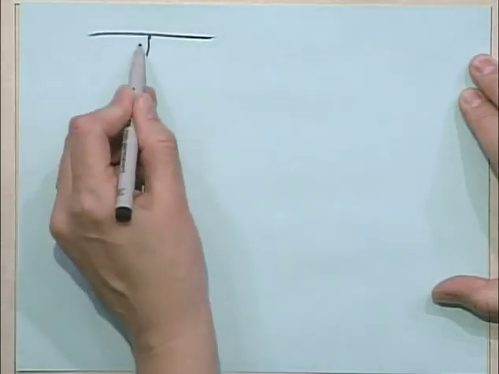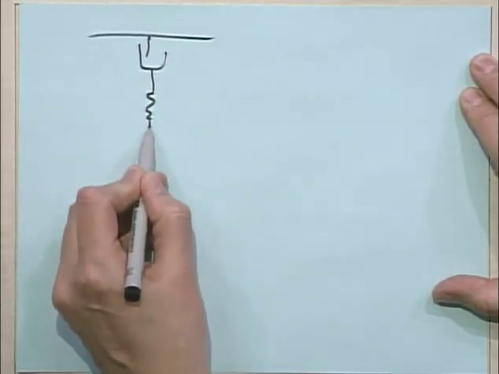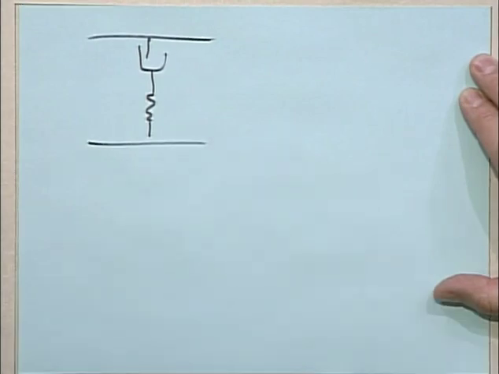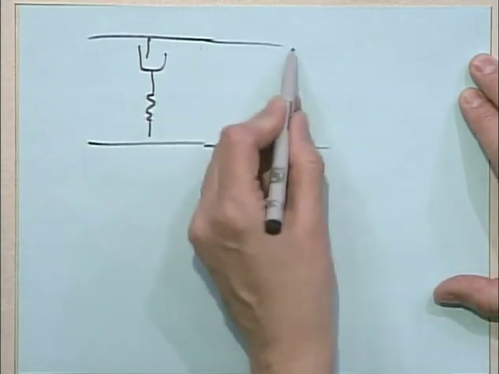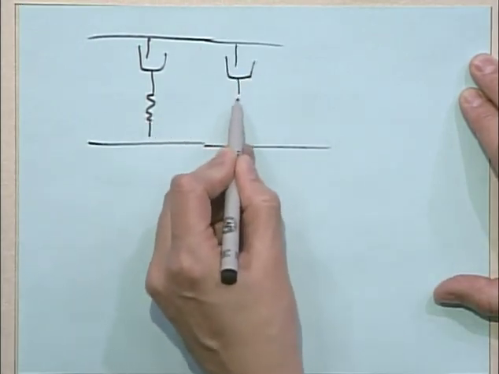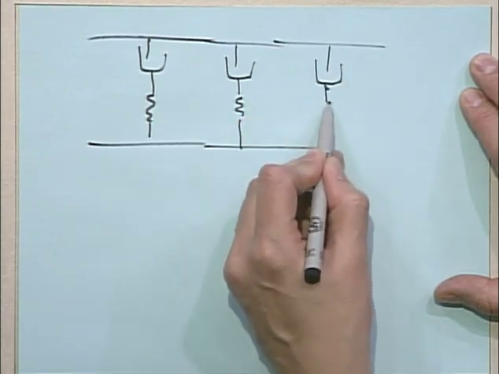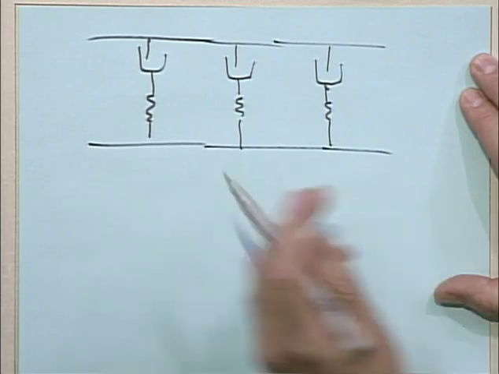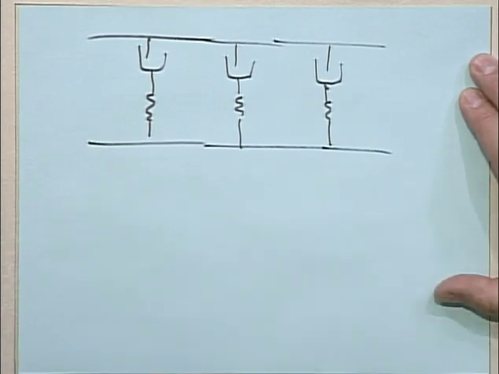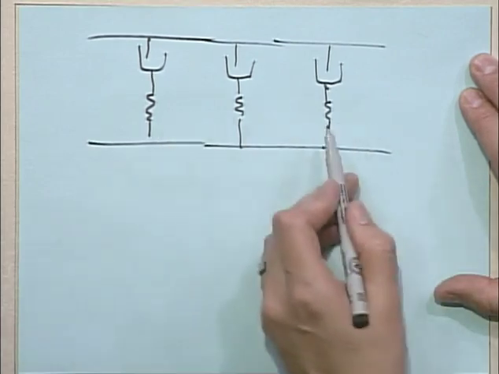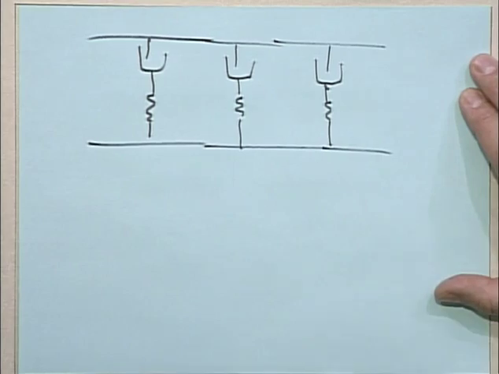So this was our original model, a dash pot connected to a spring, and we got the Maxwell model. If we put a whole bunch of different dash pots connected to springs, maybe 3 of them, that's the generalized Maxwell model. Adding them up in parallel like that is like adding up the different contributions that we just did.